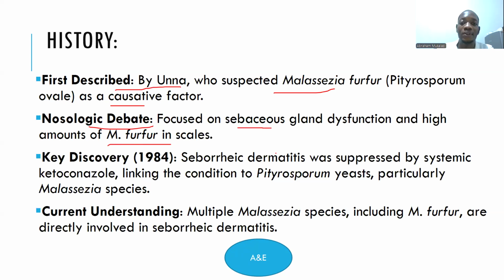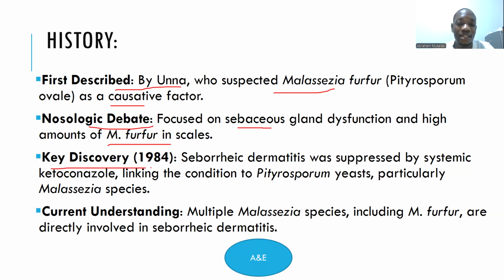But when later on we tried to examine and see if this is actually true, there was a realization that the quantity of Malassezia species on someone's face does not correlate with the severity of seborrheic dermatitis. So you may find that the quantity is the same in individuals with or without seborrheic dermatitis.